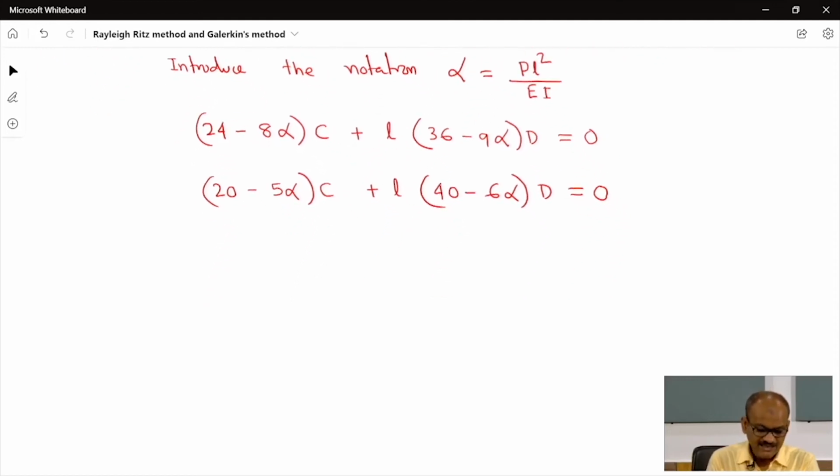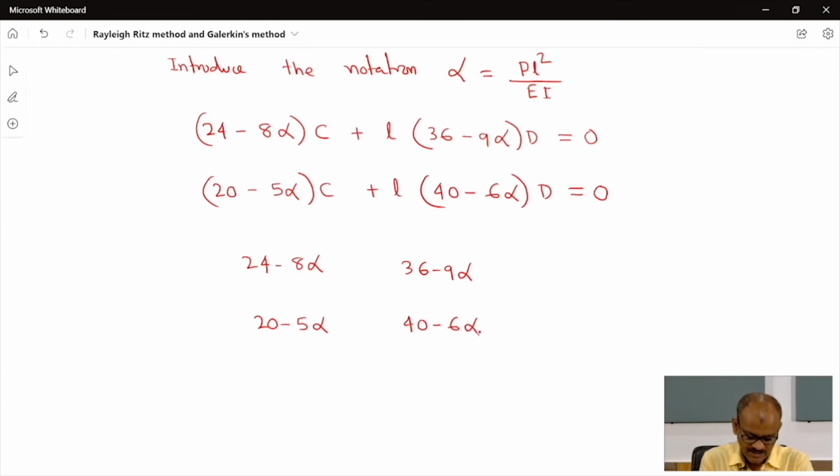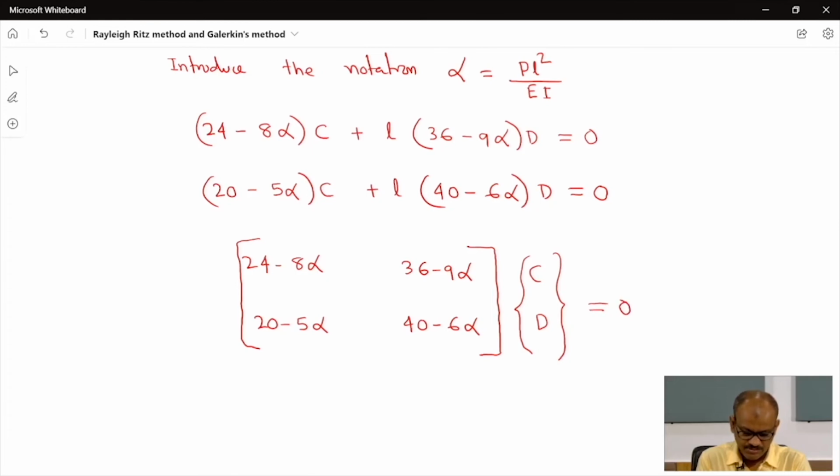So, in the matrix format you can write 24 minus 8 alpha, 36 minus 9 alpha, 20 minus 5 alpha, 40 minus 6 alpha; this is the coefficient matrix, and this is c, d, equal to 0.